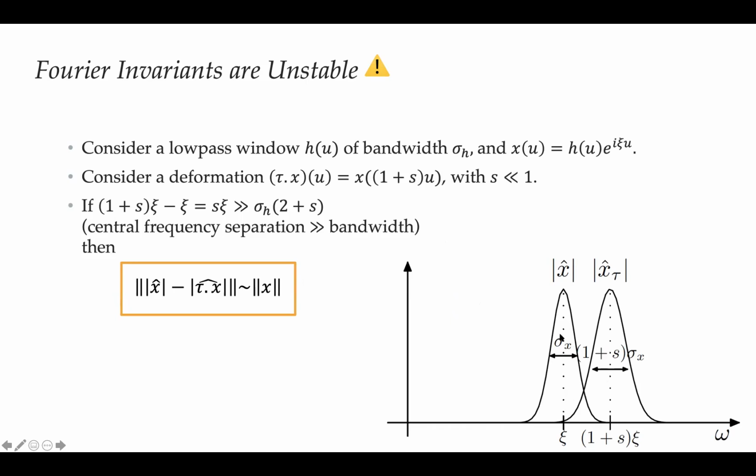But the effect on the bandwidth is different from the effect on the central frequency. In one case it's additive, and in the other case it's multiplicative, which means that as soon as the central frequency is sufficiently large, even if s is very, very small, this representation does not satisfy stability.